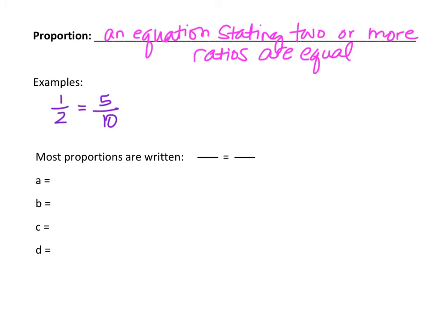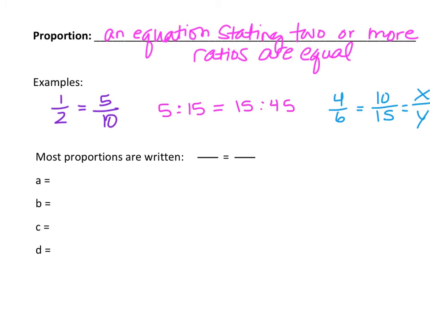So this ratio is equal to this ratio. That's an equation stating two ratios are equal. You also could write it as, let's see, 5 to 15 is equal to 15 to 45. Or you also could see 4 over 6 is equal to 10 over 15 is equal to x over y. So that's what our proportions look like.